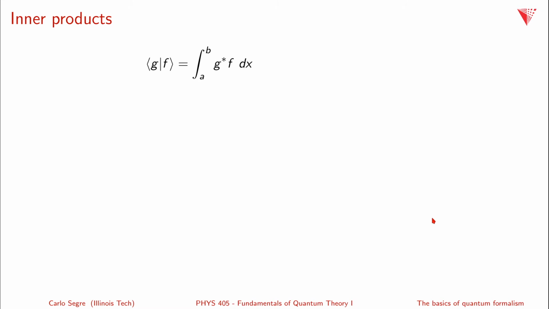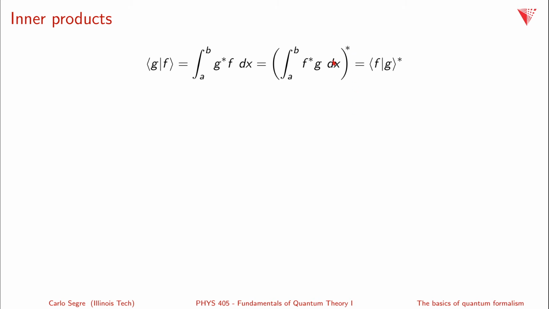So let's look a little bit more carefully at the results of what this inner product does. If I take the inner product of g with f, it's basically this integral from a to b of g star f dx. But I can rewrite this as the integral from a to b of f star g dx, all taken complex conjugate.